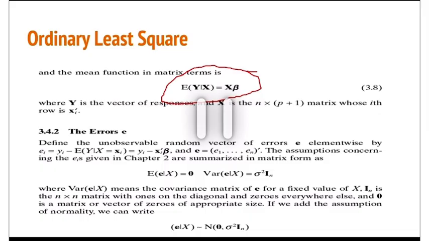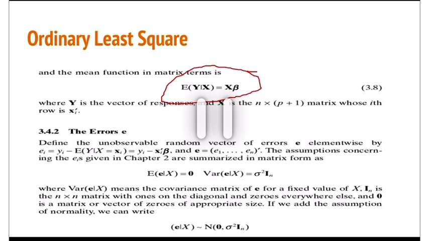Then beta is also a vector, beta 0, beta 1 up to beta p, depending on the number of features or explanatory variables we're talking about. Now, because this is going to be a matrix, every matrix has a dimension. Then I want to walk you through.